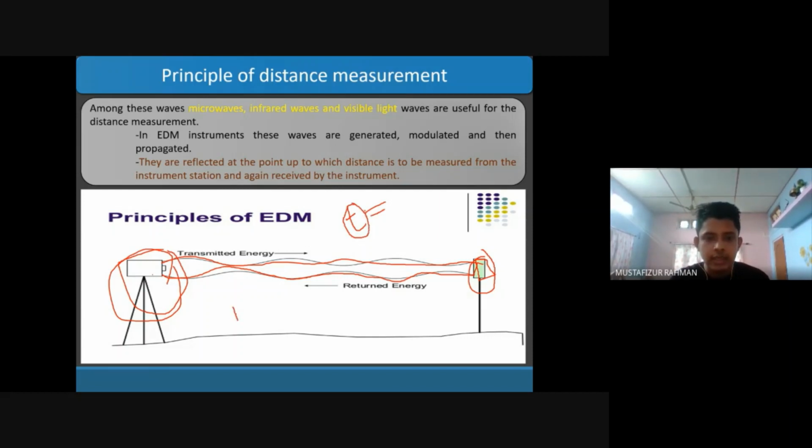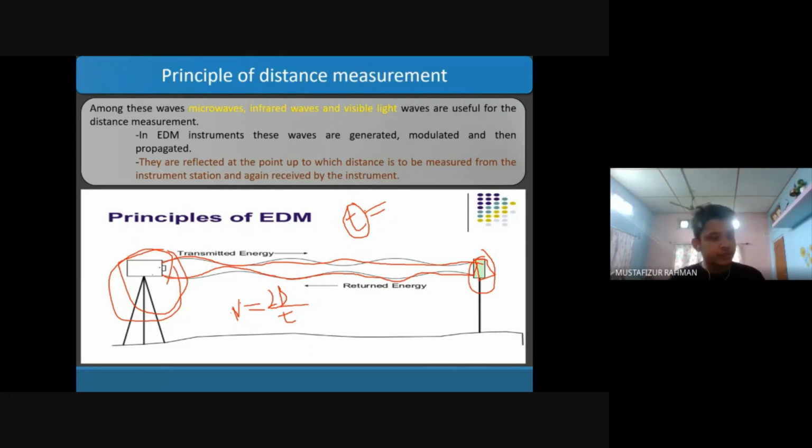Now the distance. We have the same formula. Velocity is equal to distance traveled by time, and in this case, the distance traveled will be twice of d. Why?